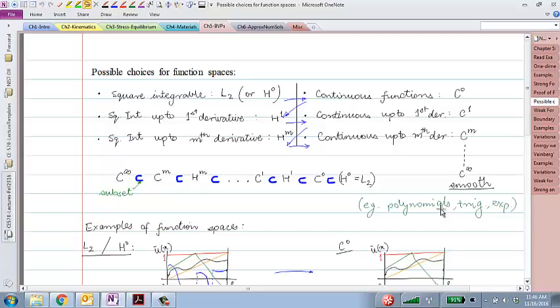So polynomials are an example of a class of functions for which infinitely many ordered derivatives you can take, and they will all be continuous in the domain. Trigonometric functions, sine and cosine, you keep taking derivatives infinitely many times. Those would be C infinity functions, and these types of functions are mathematically called smooth functions.